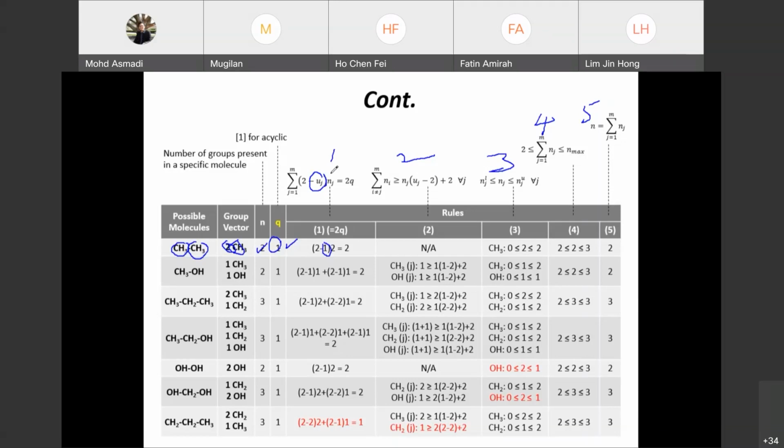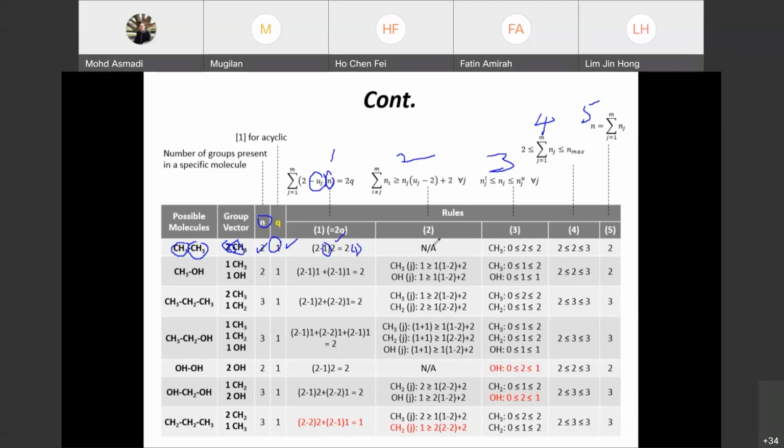And J is what we call the number of groups present. This one only has CH3, so there are 2 CH3. So 2 times Q, which is 1. So 2 minus 1 times 2 is equal to 2.